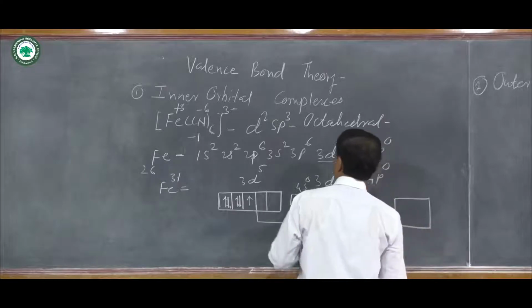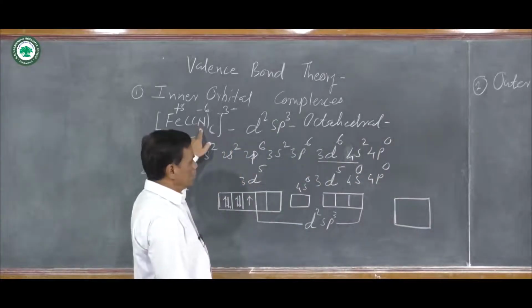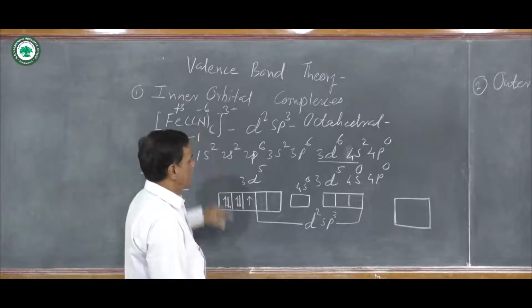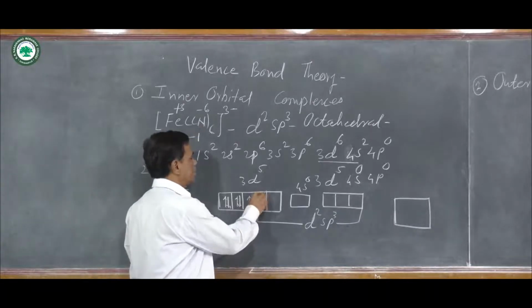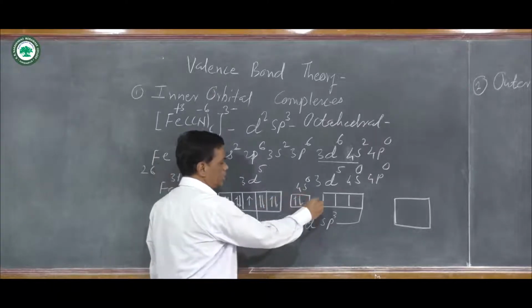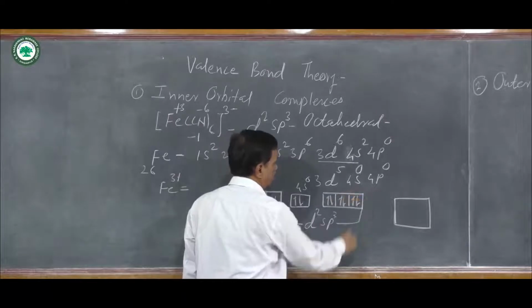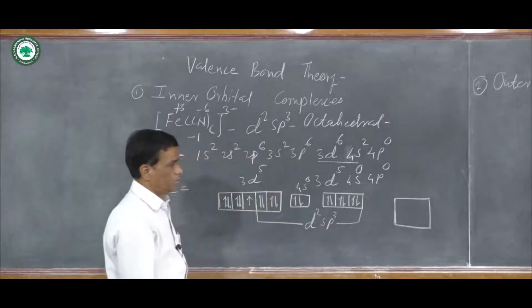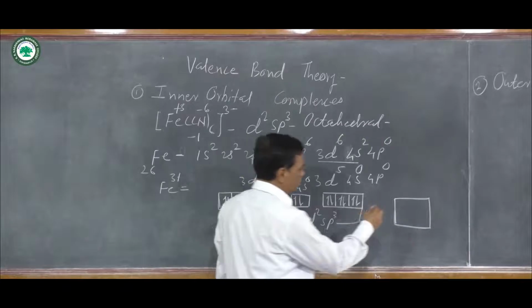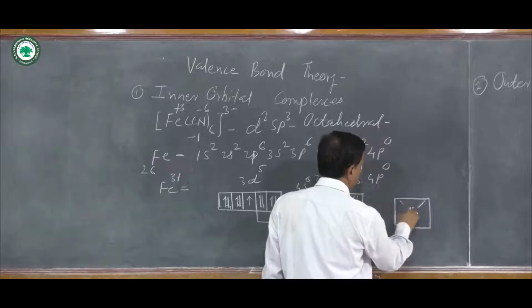because here 6 ligands donate 12 electrons, and when 12 electrons are donated, there is a formation of 6 sigma bonds. When 6 sigma bonds are formed, iron is at the center position.